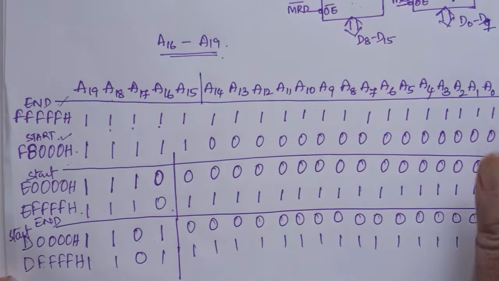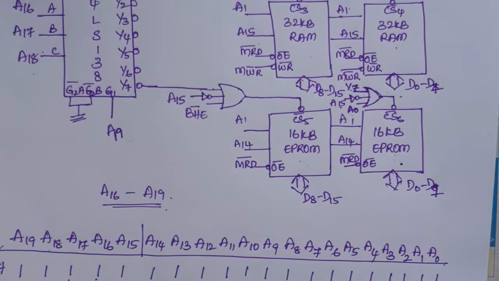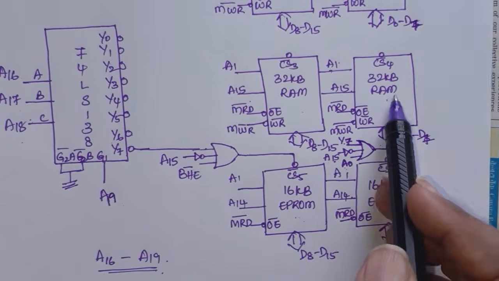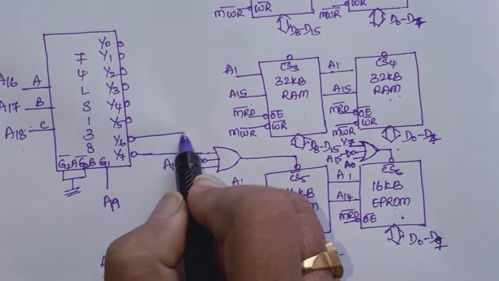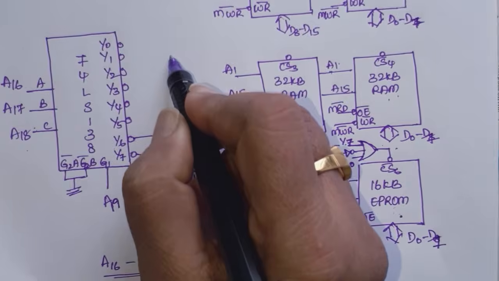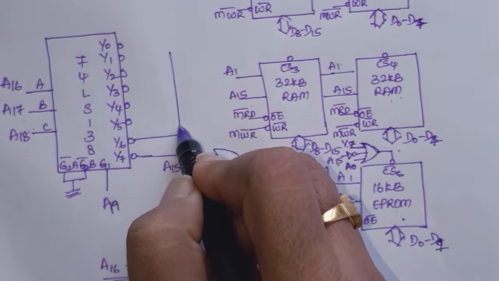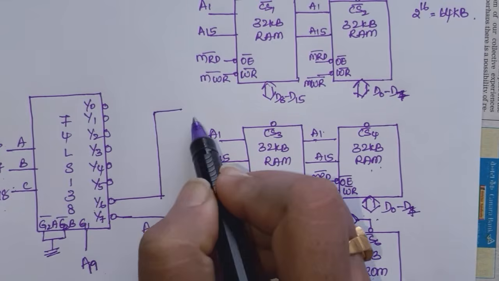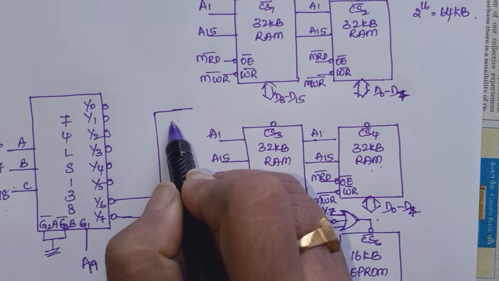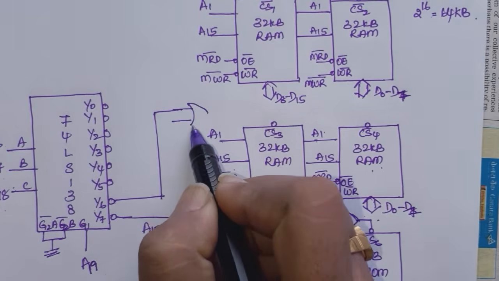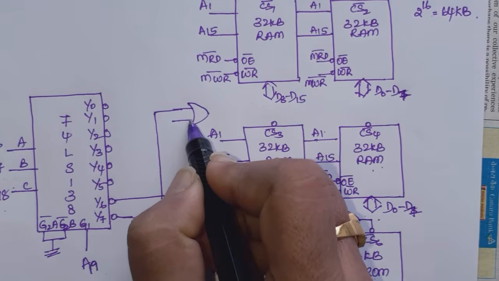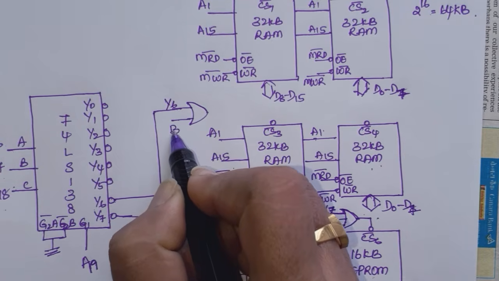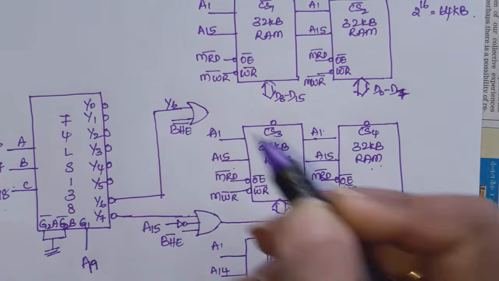So to show them, for selection, Y6 is used for this pair, let us suppose. For the odd bank, this Y6 is one input to one OR gate, and another input is bus high enable bar.